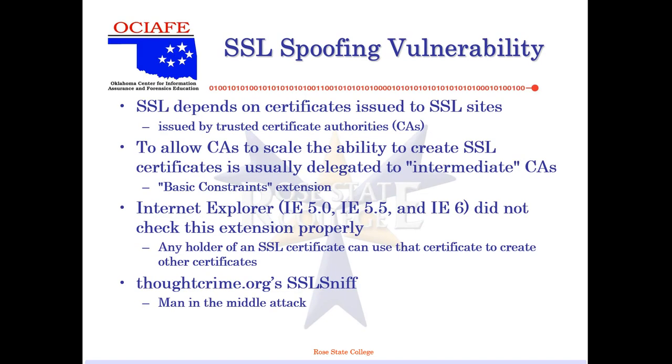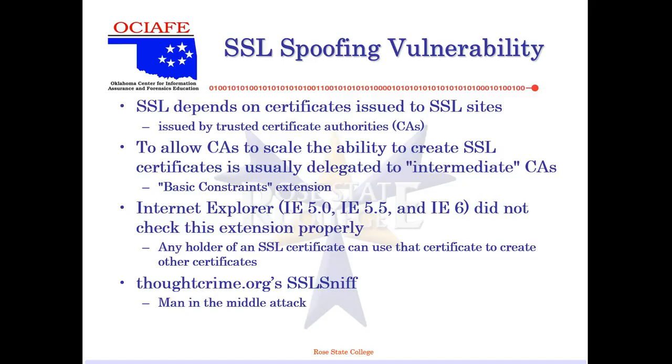But what are SSL's problems? Well, you can end up spoofing SSL. SSL depends on certificates, which can be spoofed, because usually you can go from a trusted certificate authority, but I can create my own certificate. So is that a good thing or a bad thing? And to allow CAs to scale, the ability to create an SSL certificate is delegated to intermediate CAs, which means the high-level CA isn't going to do it.